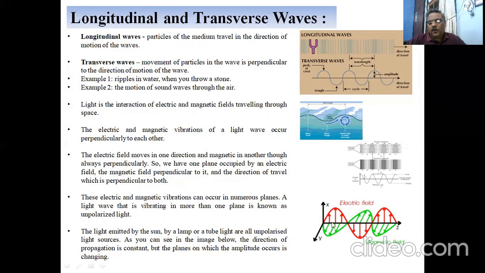So if the light is propagating along the z axis, then the two perpendicular directions will be the x-axis and the y-axis. So we have two field vectors. One is the electric vector and the other is the magnetic vector. One should be along the x-axis and the other should be along the y-axis. It can be either of the two. On the x-axis, we can have the electric field or the magnetic field, and the other one will be along the y-axis.